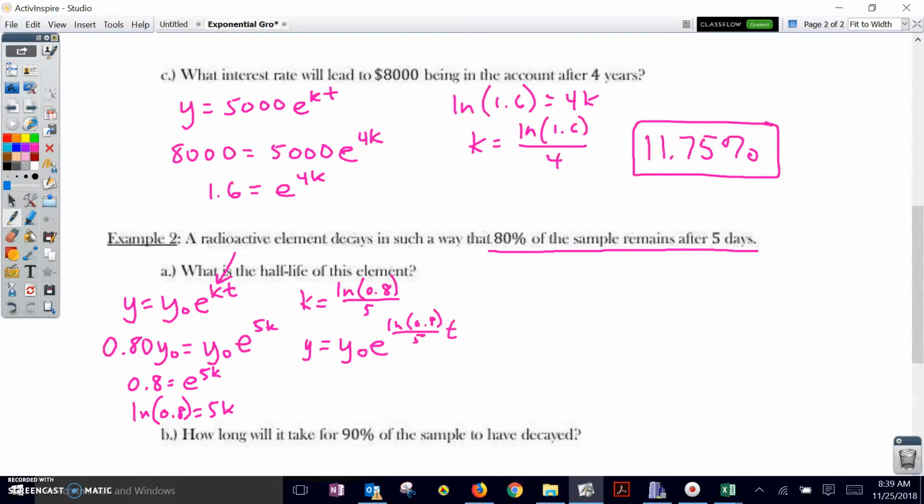And we want to find, in part A, the half-life. The half-life is when half of the amount of the original is available, or is remaining. And so we're looking to solve for time when half of what was originally there is remaining. To solve this for t, we're going to divide both sides by y sub 0.